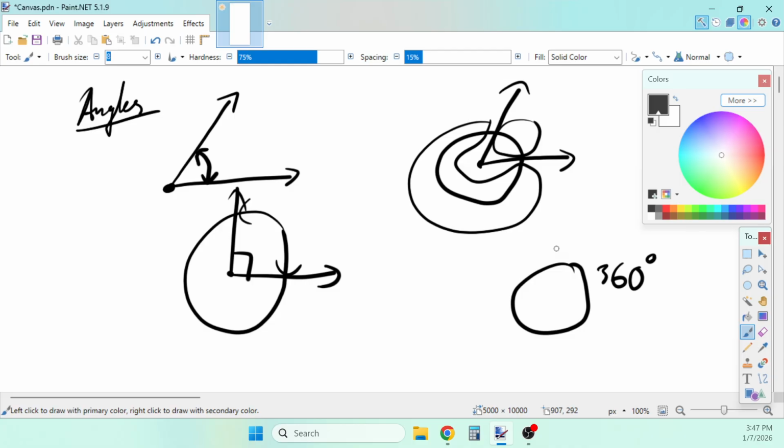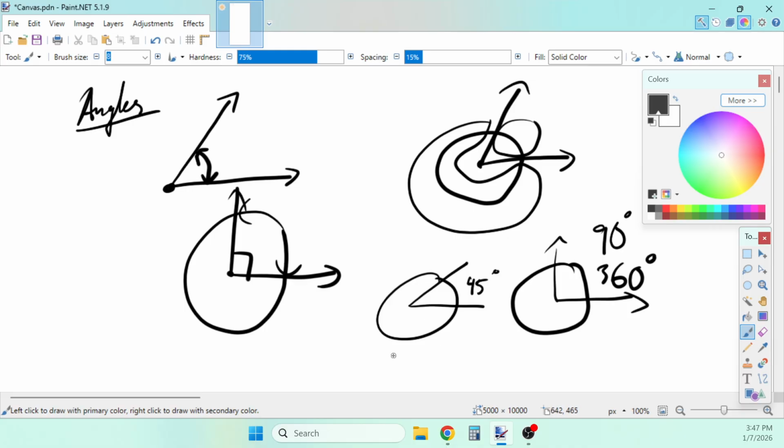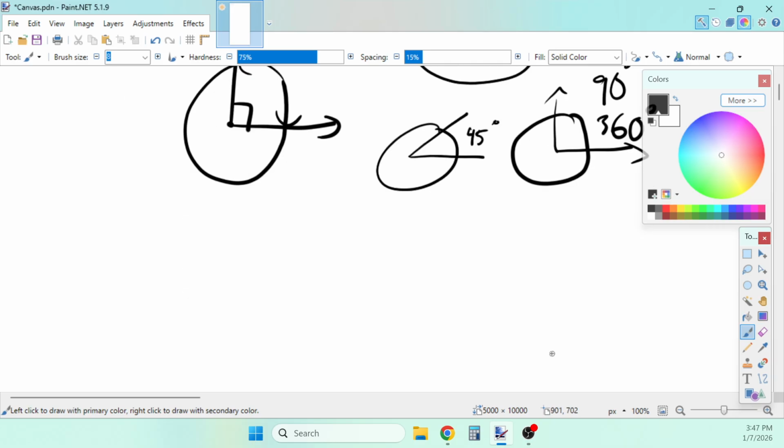And that means that a quarter of the circle is going to have a quarter of 360 degrees, which is 90 degrees. And an eighth of the circle is going to have an eighth of the 360 degrees and be 45 degrees, and so on. So that's one way of measuring angle.